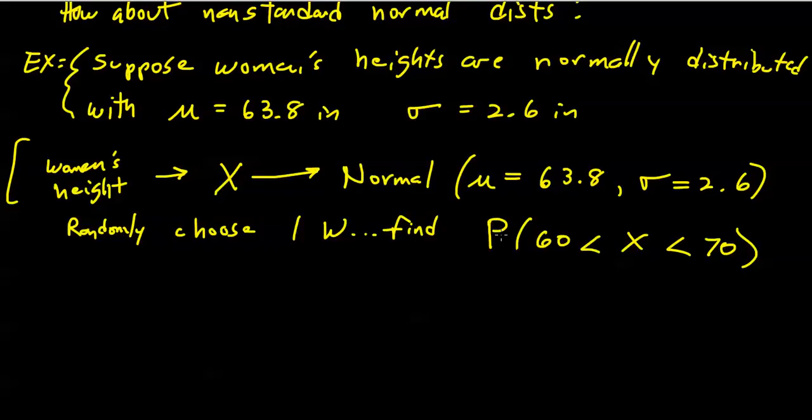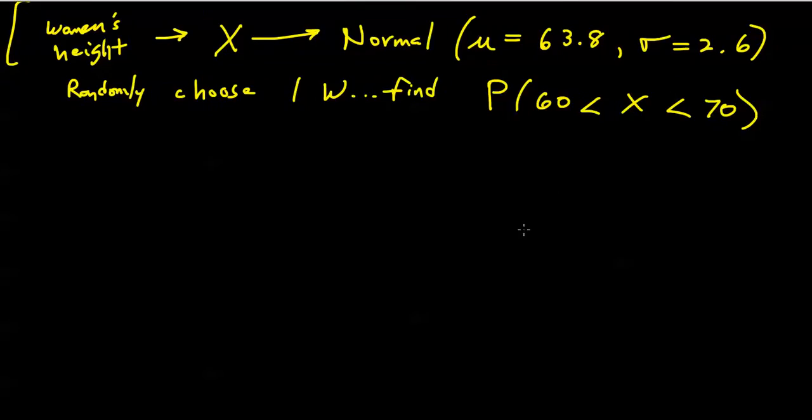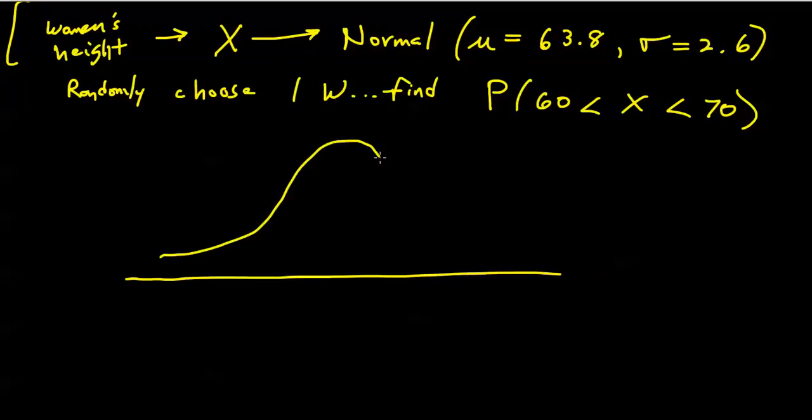Let me give you an idea pictorially of what's going on here. We've got a non-standard normal distribution with a mean of 63.8 inches. So we're claiming if we plot the heights of all adult women, the heights will follow a bell-shaped or normal curve that will peak at 63.8 inches.